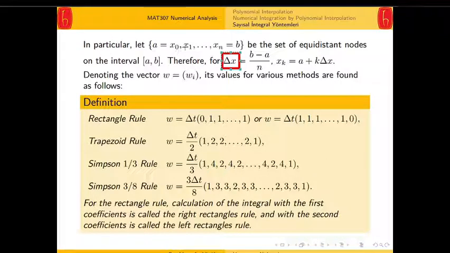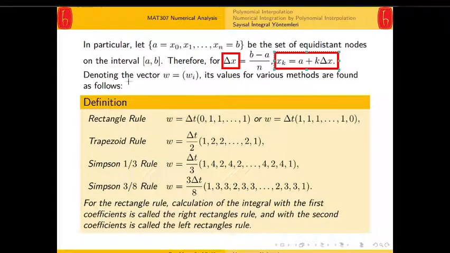So basically we say x1 is equal to x0 plus delta x, or for example xn is equal to xn minus 1 plus delta x. So we can in general write this for xk, and xk will be equal to a plus k times delta x, because we move k times delta x from a to obtain xk.